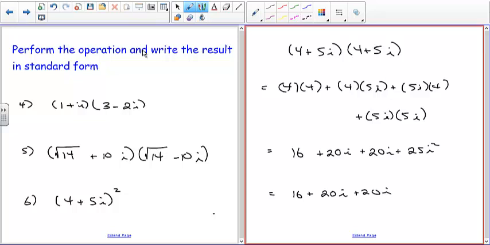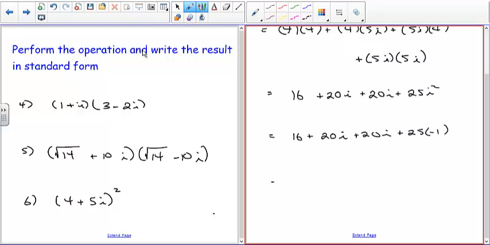Then we can change i squared into negative 1, so that's 25 times negative 1. And then we can add the two real parts together. 16 minus 25 is going to be negative 9, and 20 plus 20 is 40, so you get 40i. And there's your answer.